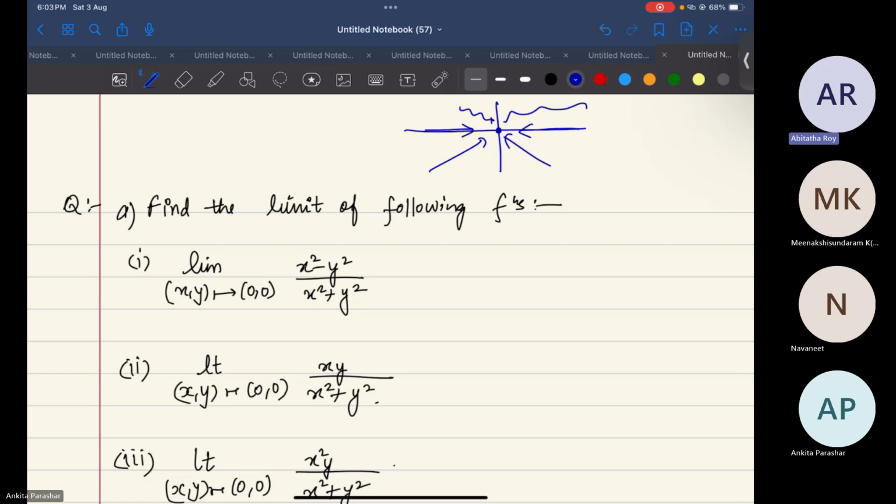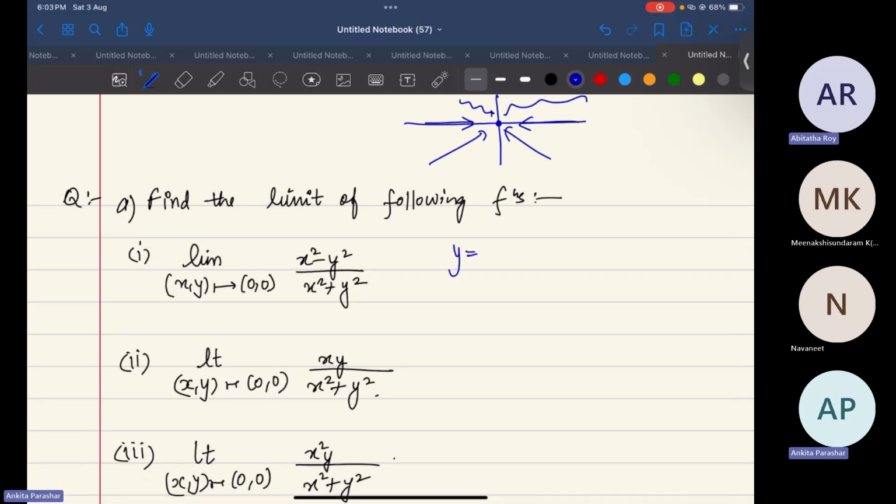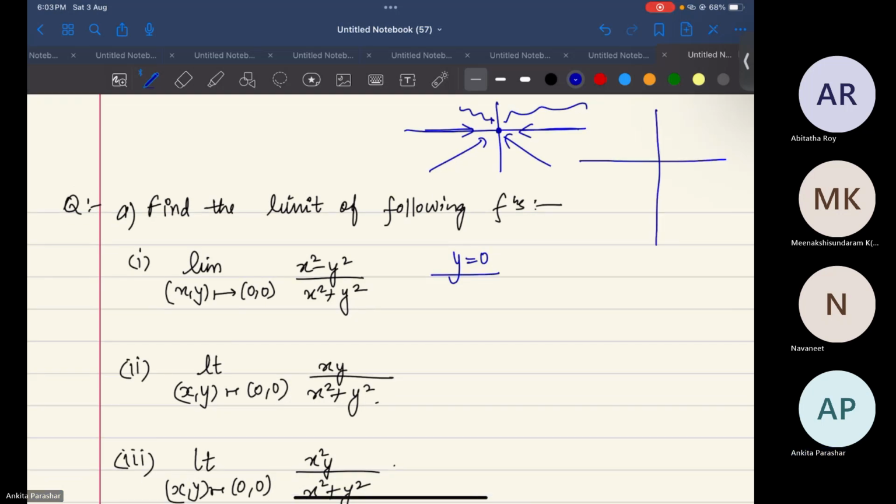It would be better if you show us how to do this one. Okay, sure. Suppose I approach towards y equal to 0. So y equal to 0 is which kind of path? This is the x-axis path, right? I'm approaching the point 0, 0 along the x-axis, from both sides.